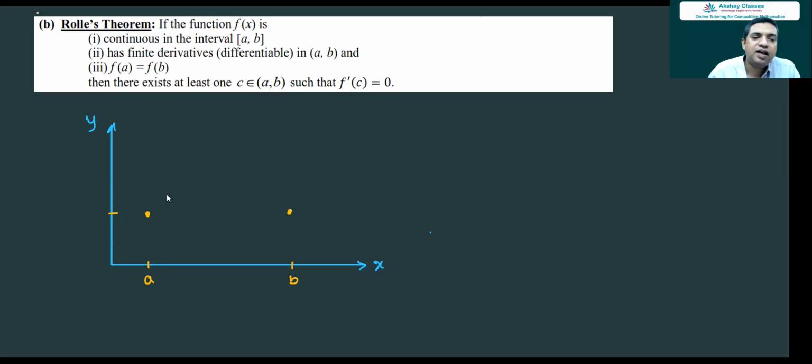So now I have to join these 2 points. Now I can draw a curve. This can be a curve, the yellow line. So the function increases, then reaches a peak point and then decreases. So at this particular point, the derivative will be 0.